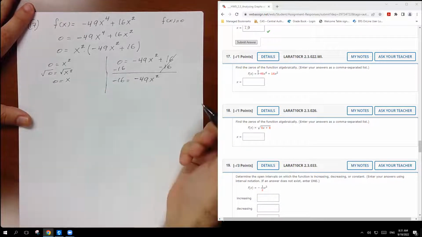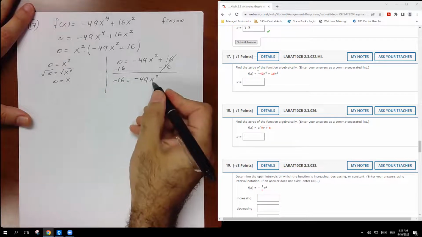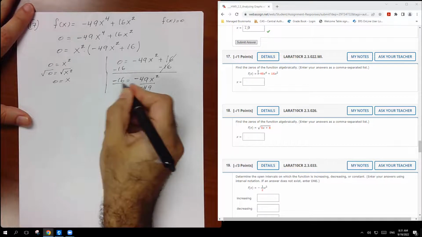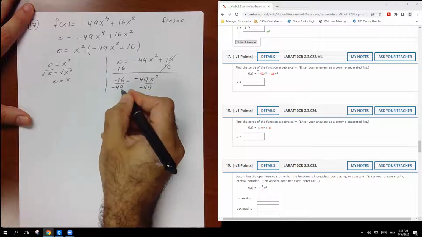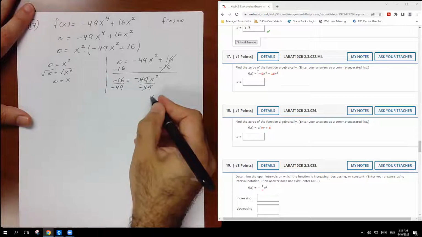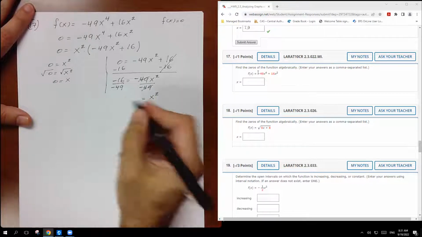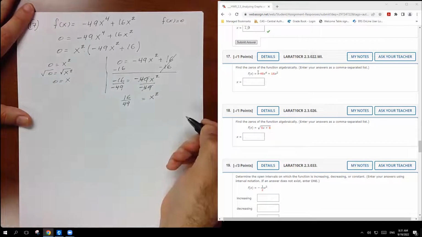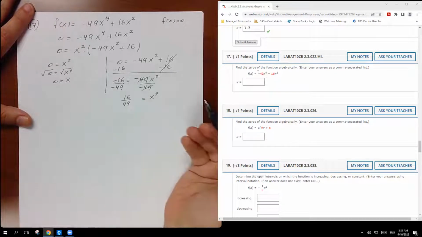Now, next step here, we need to find the x squared. So I'm going to divide by negative 49. That means this is canceled with this one. So x squared is going to be equal to 16 over 49, because negative divided by negative is going to be positive.